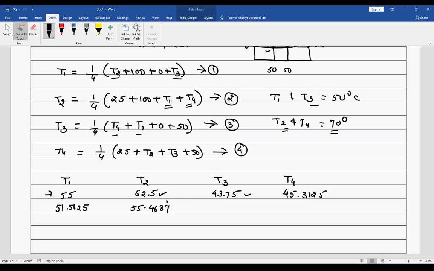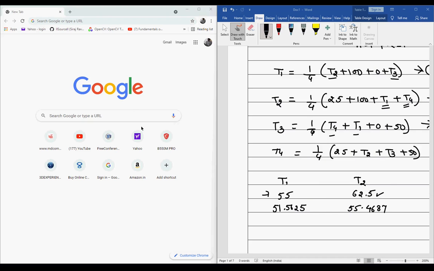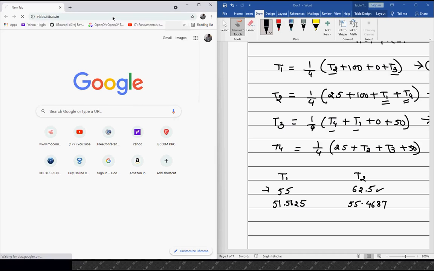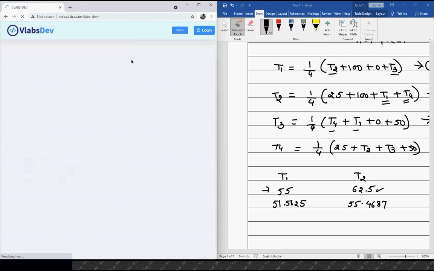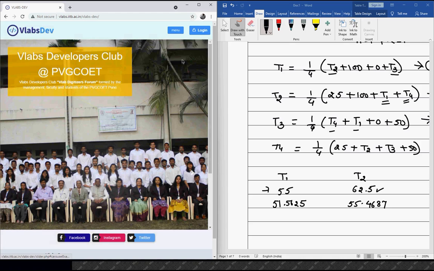55.4687. Okay, great. Now similarly get the T3. Now you can note down those values.